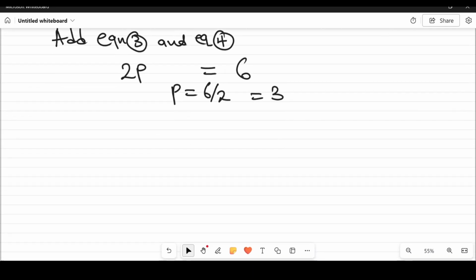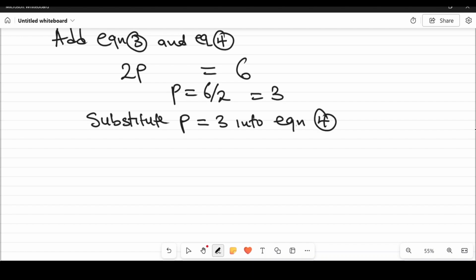Now, to obtain the value of Q, I will substitute P into equation 4. So therefore, I will say substitute P equal to 3 into equation 4. So we know that P minus Q is equal to 1.